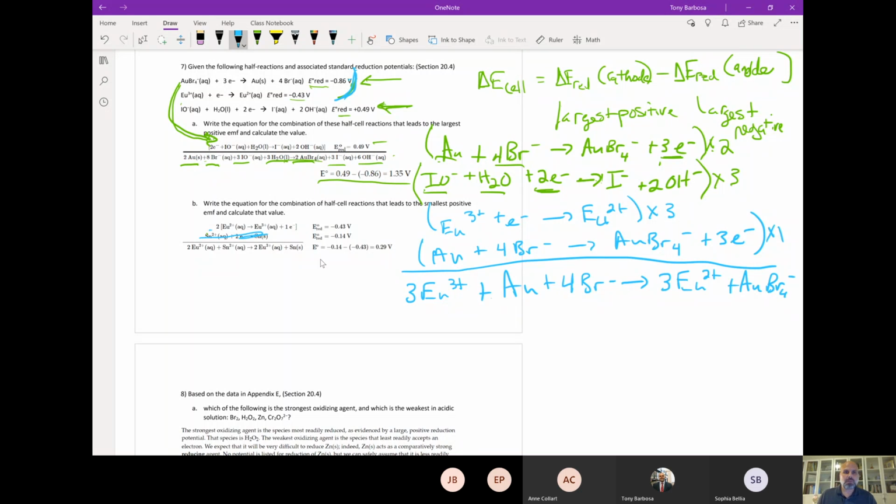And then you can do the math here. So this is going to be minus 0.86.